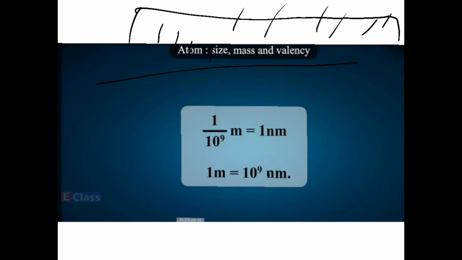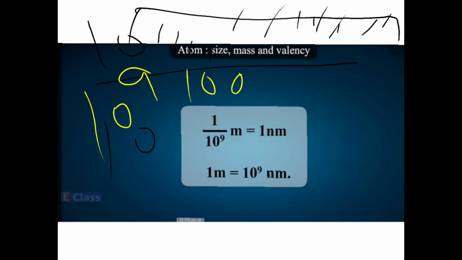you are going to divide it into how many parts? 10 raised to 9 parts. That means 10 followed by 1, 2, 3, 4, 5, 6, 7, 8 and 9.